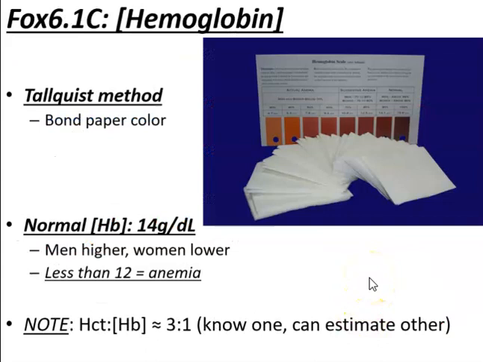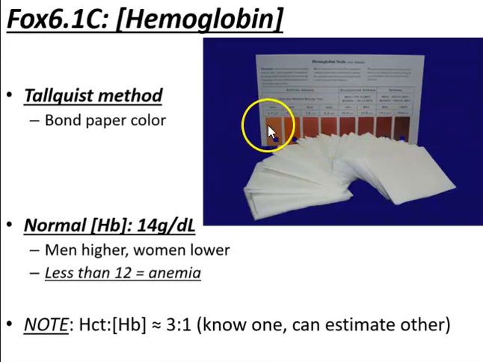That's how much of an affinity carbon monoxide has for hemoglobin. The way that we measured hemoglobin concentration, we used the Tallquist method with comparing bond paper color. So we had a drop of blood go onto the bond paper, let it dry, and then we compared the color of the drop of blood to the colors that we found on this card.